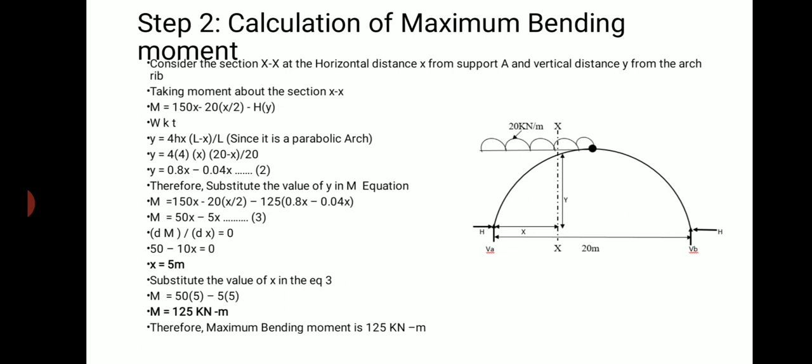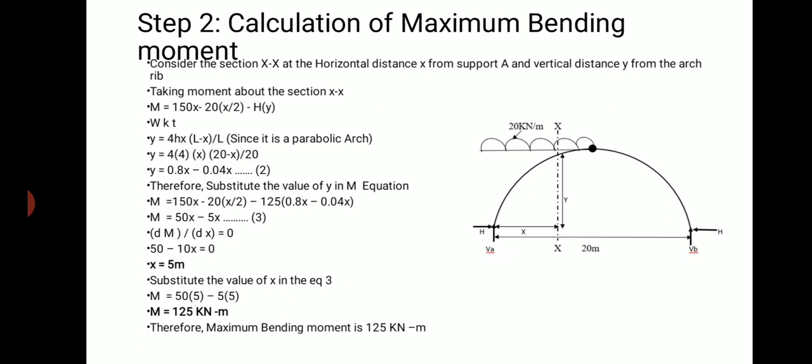So I'll just summarize here. If I want to consider the maximum bending moment, first I need to find out the support reactions, that is vertical and horizontal support reactions, by putting the equilibrium conditions sigma H, sigma V and sigma M. If I put sigma V, I'll get the values of VA and VB. Since there are only two horizontal reactions, they obey the equilibrium condition in the horizontal direction.